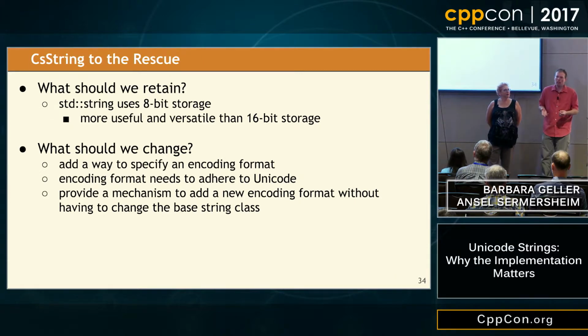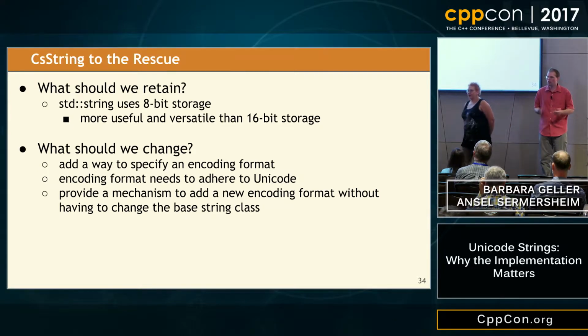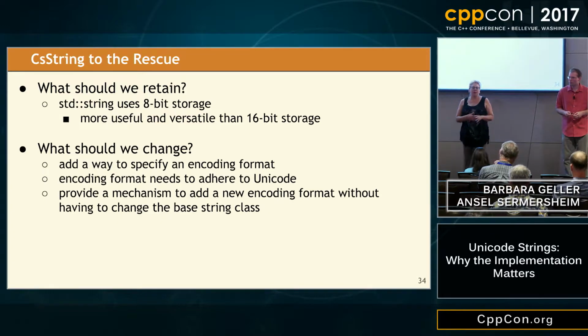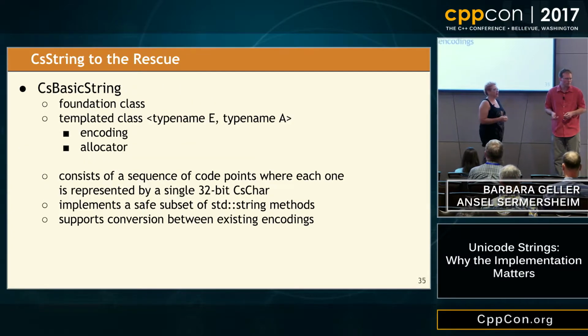And we wanted an ability for people to add new encoding formats as different things become available without having to change the implementation of the string class. So our idea was to write a library where the iterators, the class, the basic string was all set. And that we have one class where the encoding exists. And that's all you need to modify and change and enhance to add a new encoding.